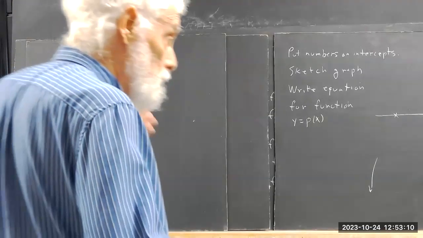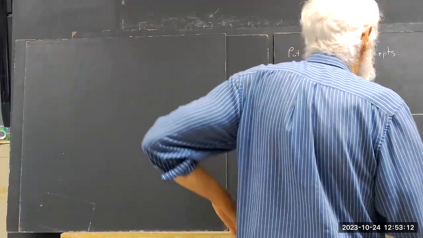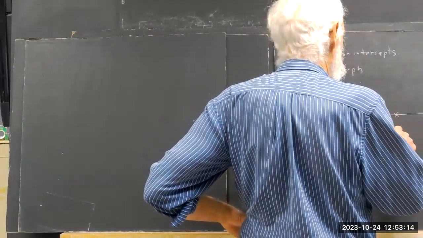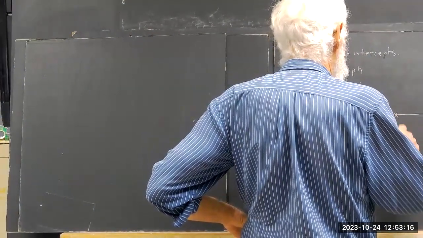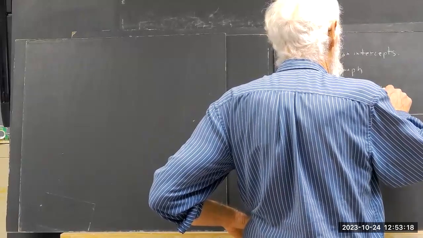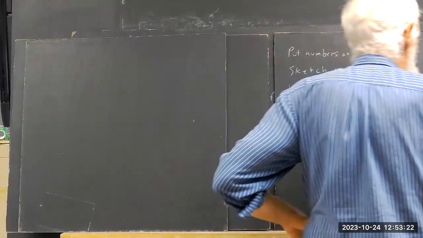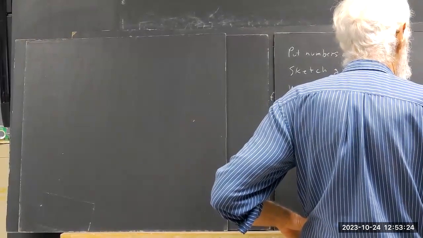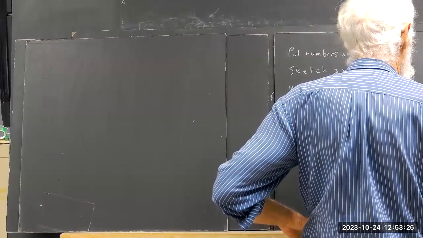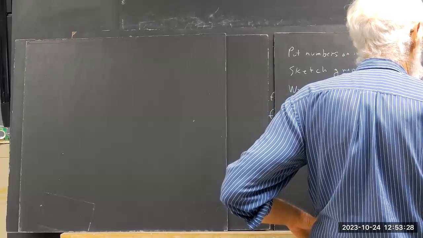Okay, so what I saw looks pretty good. I'm going to let this point be -6, 0. I'm going to let this one be 2, 0.